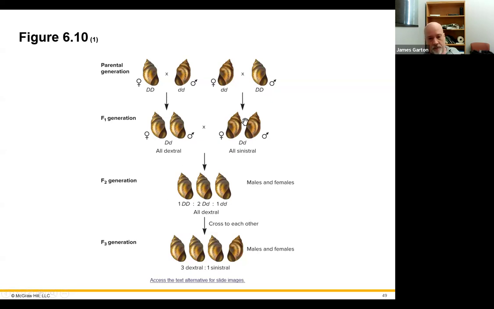And so the eggs that are made will all have this dextral twist. If you took this one generation further, you would get the F3 generation, and you would have a 3-to-1 ratio, dextral to sinistral, and it would be more or less equally either a right-handed twist or a left-handed twist in snails of either gender.